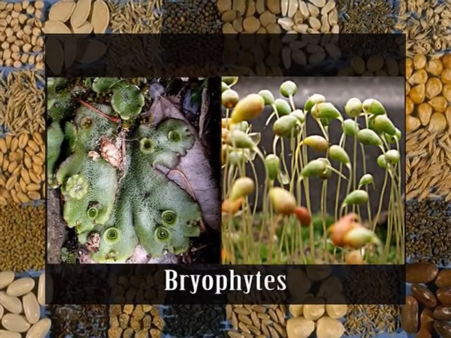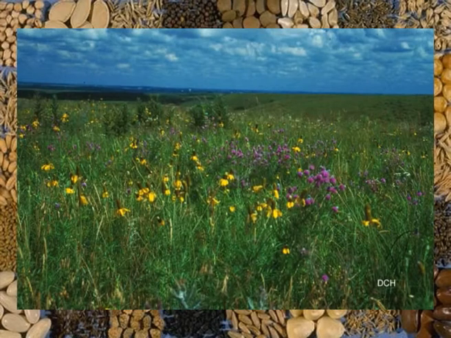If you see the sequence of events from bryophytes to angiosperms, you will see that in bryophytes, gametophyte is dominant, but sporophyte is dependent and gametophyte is independent. In seedless vascular plants, sporophyte is dominant and initially dependent, but gametophyte is independent.